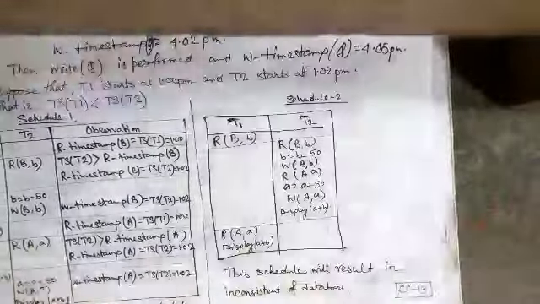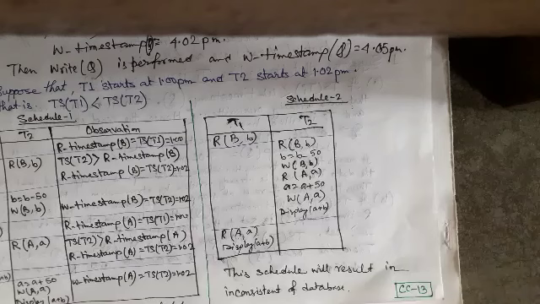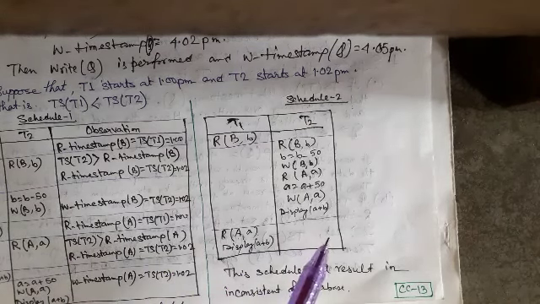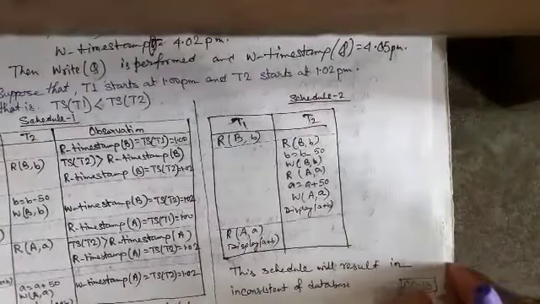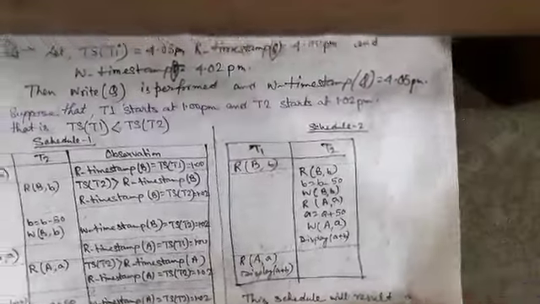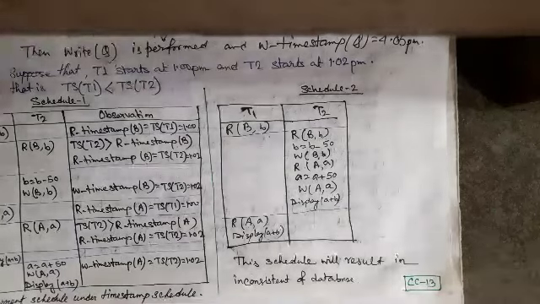Now we consider schedule 2. In this case we get different values of A plus B by T1 and A plus B by T2, and this result is inconsistent. Now, does this schedule satisfy the timestamp protocol?